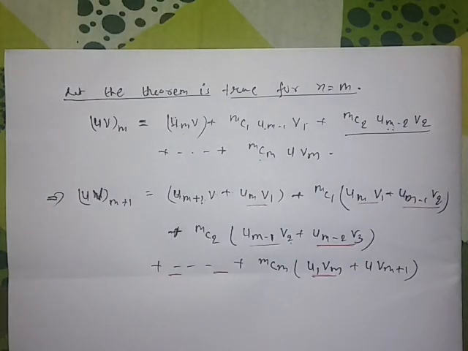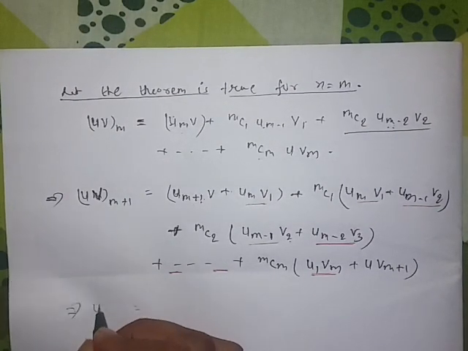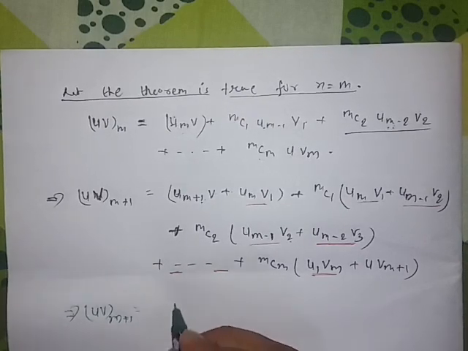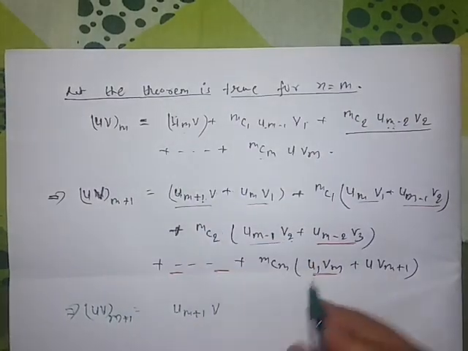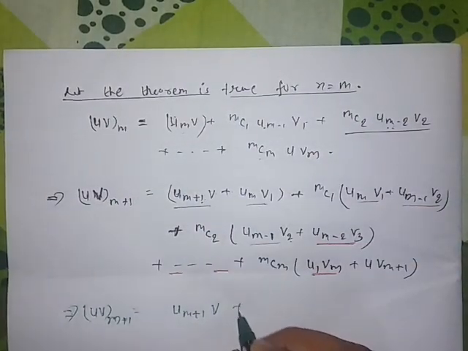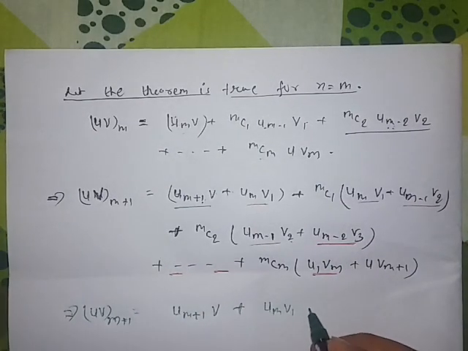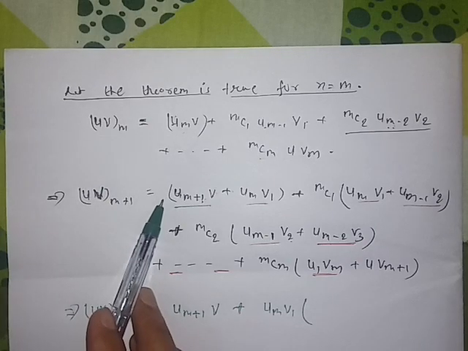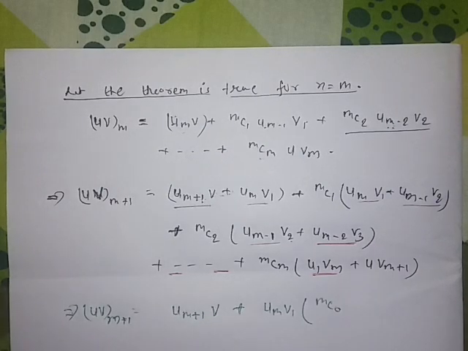So we will write the equal terms in one place, then we will get (uv)m plus 1 as um plus 1 v, this term, and we will write these two terms in one place to get um v1, and as the coefficient of this term is 1, we can write 1 as mc0.